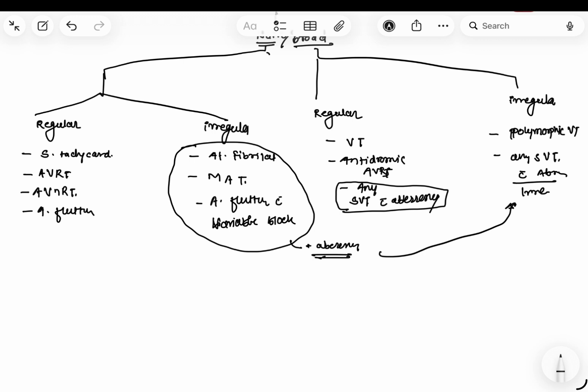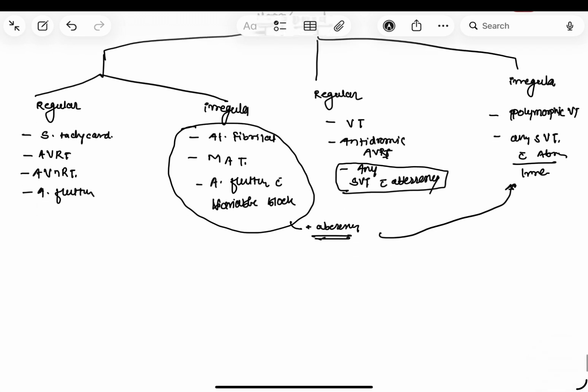So let's see which of these are supraventricular and ventricular. Sinus tachycardia is a supraventricular SVT. AVRT is an SVT. AVNRT is an SVT. Atrial flutter is an SVT. Atrial fibrillation is an SVT. MAT is SVT. Flutter is SVT. What about the regular broad ones?